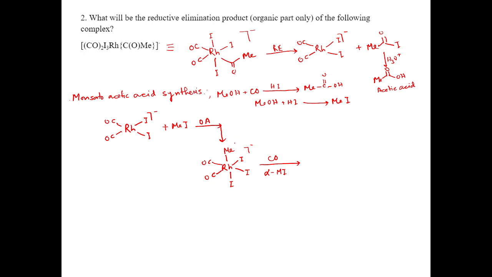That is, the methyl group will go there. If it happens, then it will be like Rh CO I, like this.